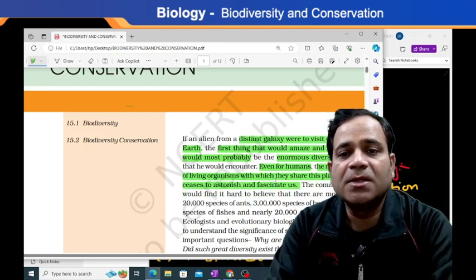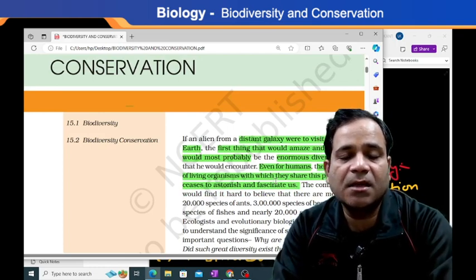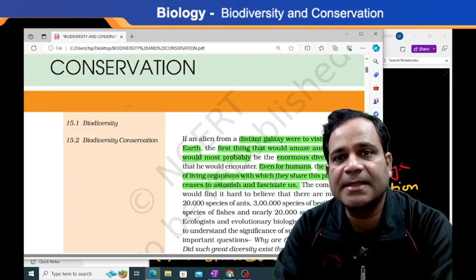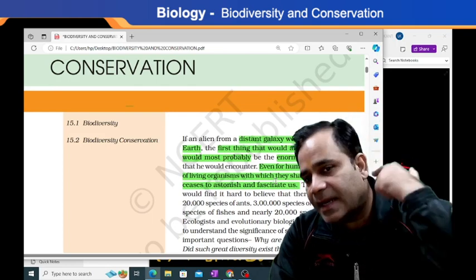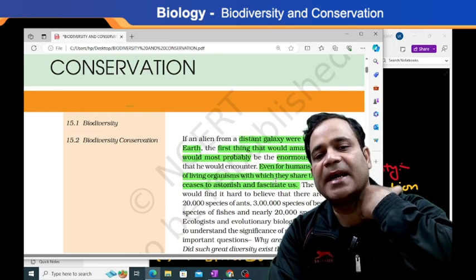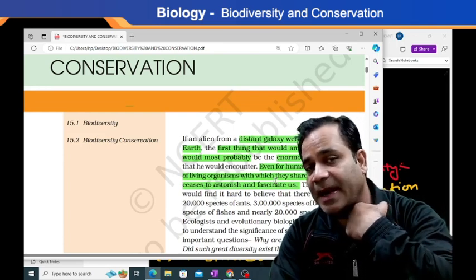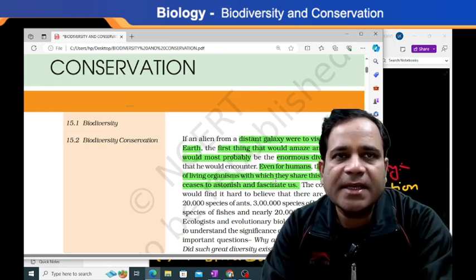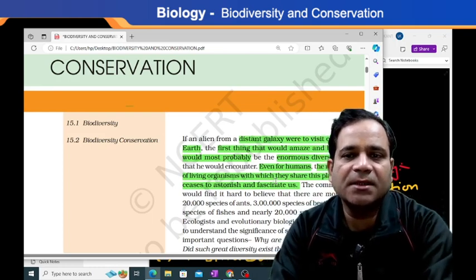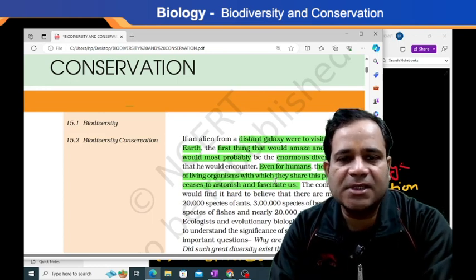So I'm saying that when an alien from a distant galaxy, a far galaxy, sees that blue planet, Earth, the first thing we imagine is the immense diversity of life.